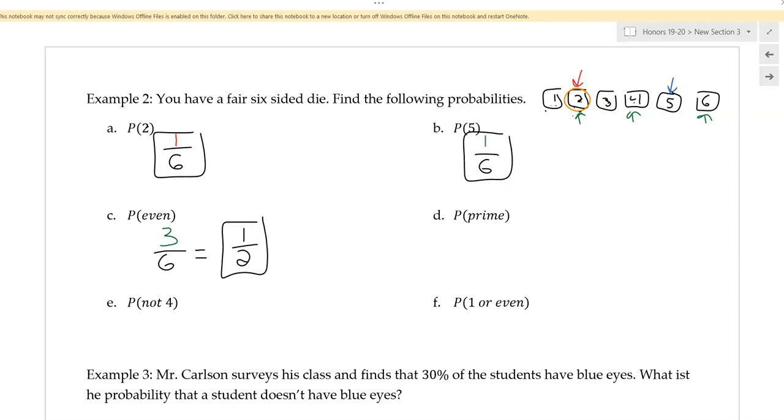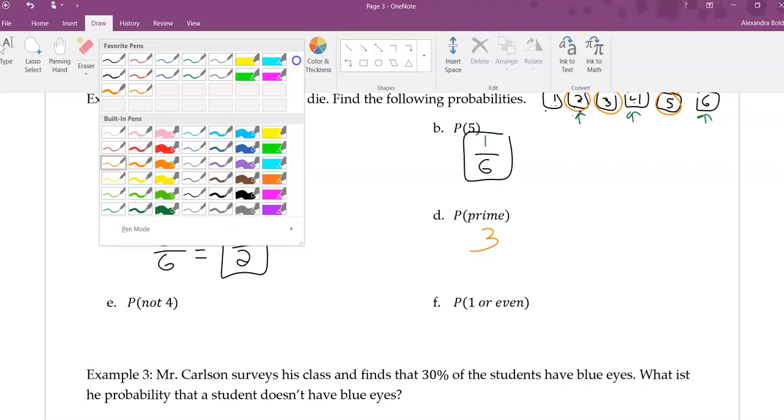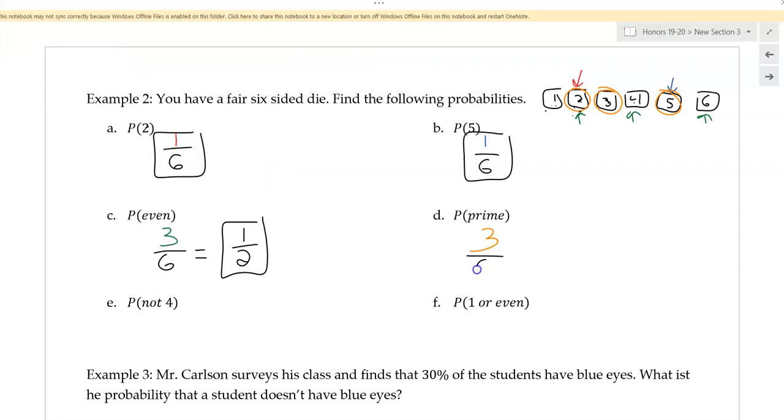It's a weird thing. 1's not prime. 2 is prime, so it's only 1 and 2. 3 is prime, 1 and 3. 4 is not prime, 2 divides into 4. 5 is prime, 1 and 5. 6 is not prime, it also has the factors of 2 and 3. So here, same thing, we have 3 prime numbers out of 6, which is 1/2.